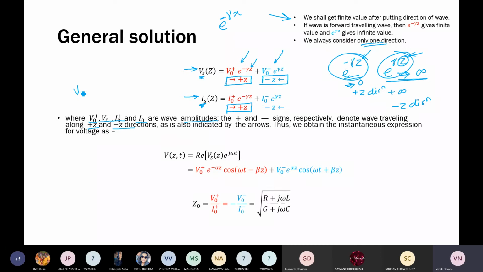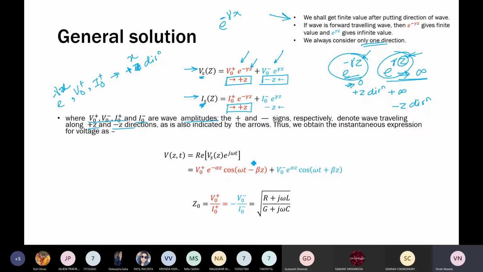That means if V0 plus and I0 plus are given, it indicates that the wave is traveling in plus z direction. I will put one more term over here, e raised to minus gamma z. With these notations, it indicates the plus z direction. Otherwise, we will say that the wave is traveling in the minus z direction. Once again, I repeat, if we have e raised to minus gamma x over here, we will say that it is the x direction.